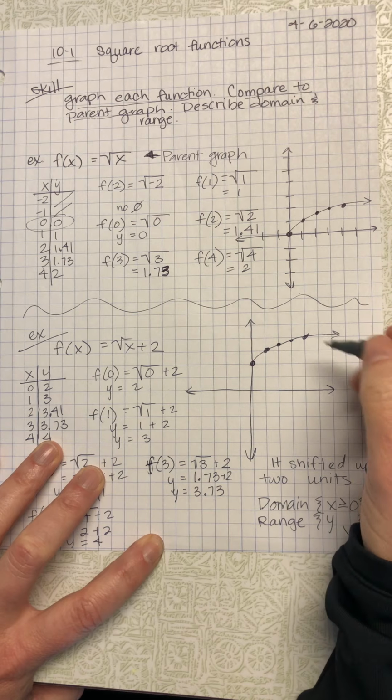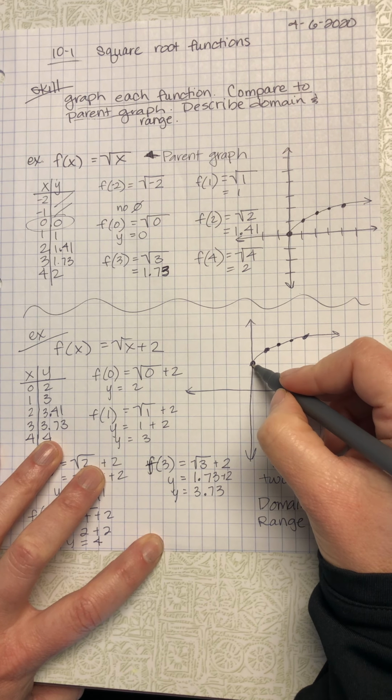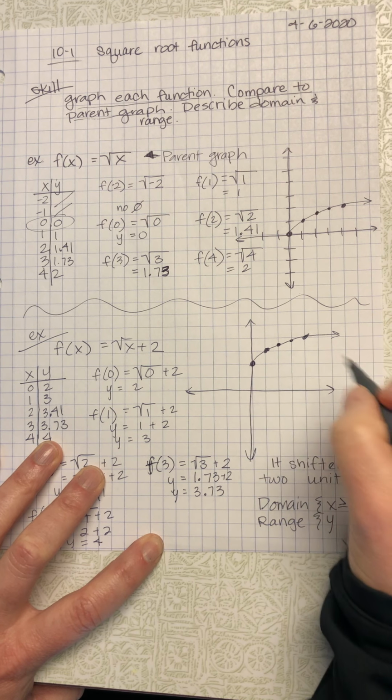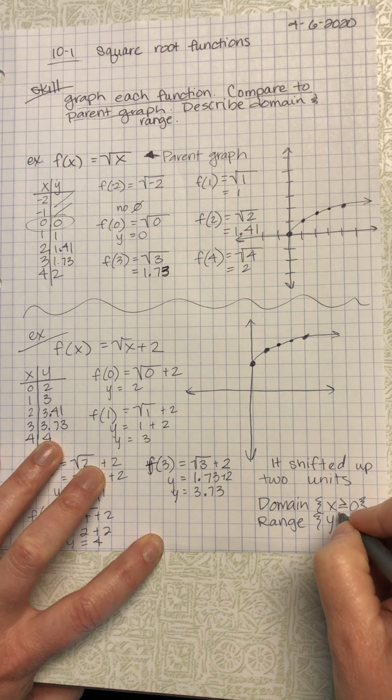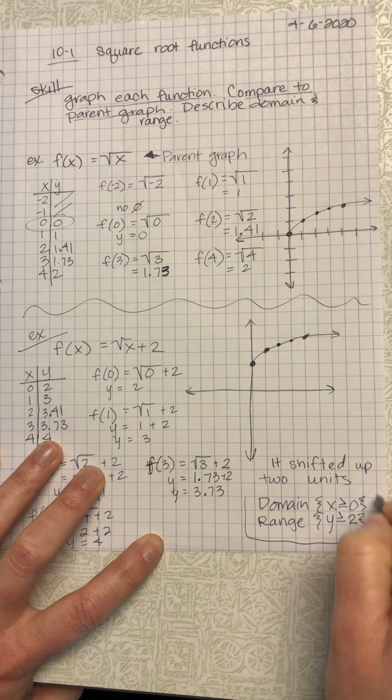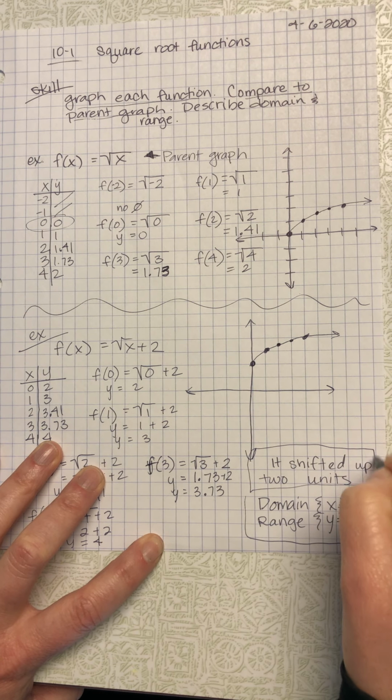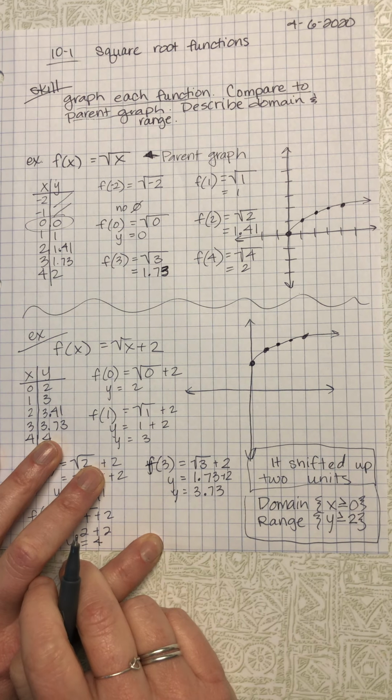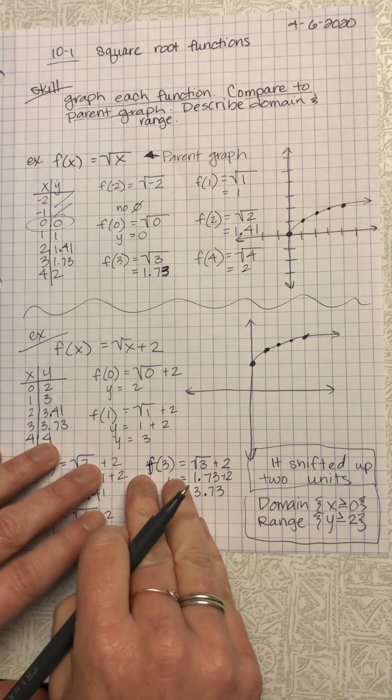And then the y starts at 2 and continues up, so it is greater than or equal to 2. Both of these are our answers. Okay, let's try another one.